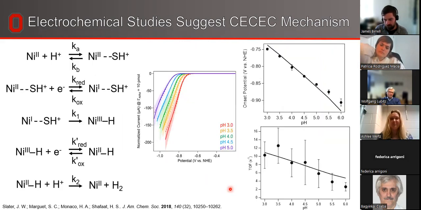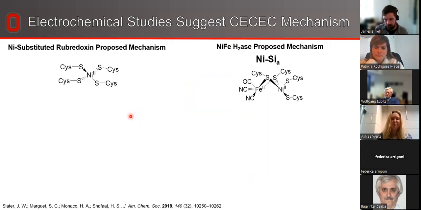With this experimental evidence in hand, we then turn to electrochemical simulations to help determine the mechanism. By matching the simulations to the voltammograms and ensuring that the simulated onset potentials and turnover frequencies match with the experimental results, we're able to determine that we likely have a CE-CEC mechanism for hydrogen evolution.